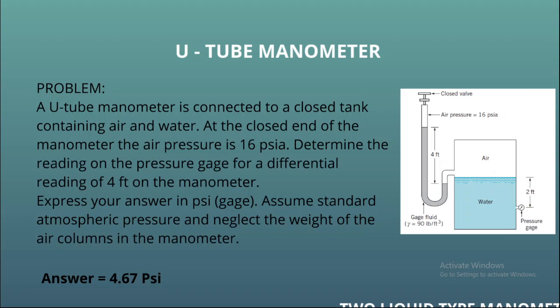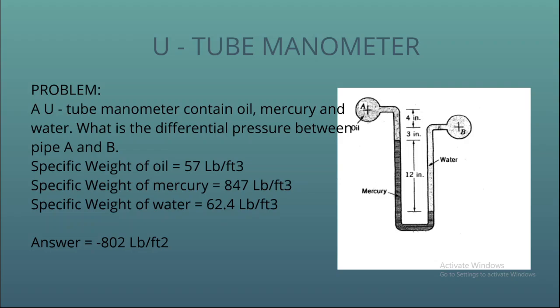Here this is a U-tube manometer, and it is installed in such a manner to calculate the differential value between point A and point B. At point A, oil is present. Mercury is used as the gauge fluid, and at point B, the fluid is water. Again, I will use the whiteboard to demonstrate.